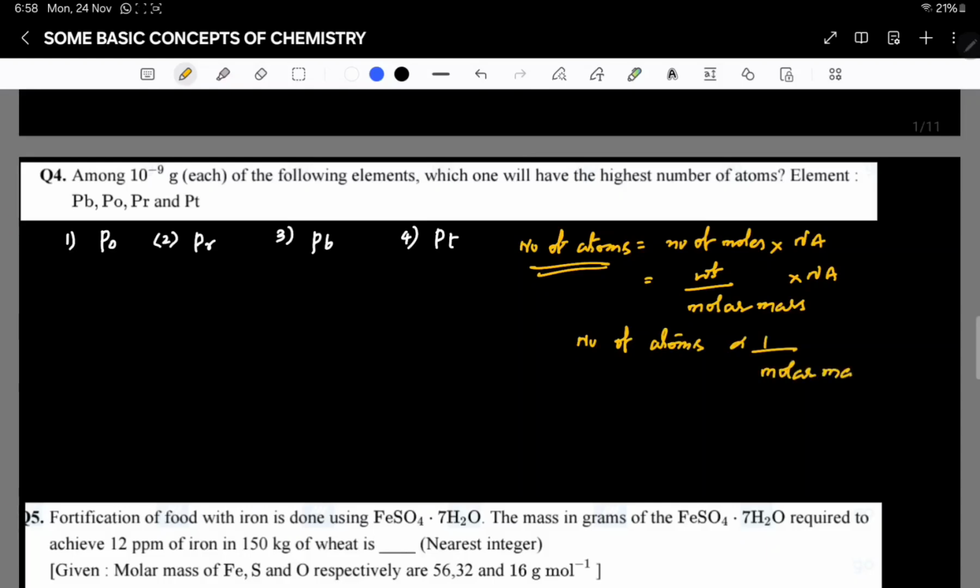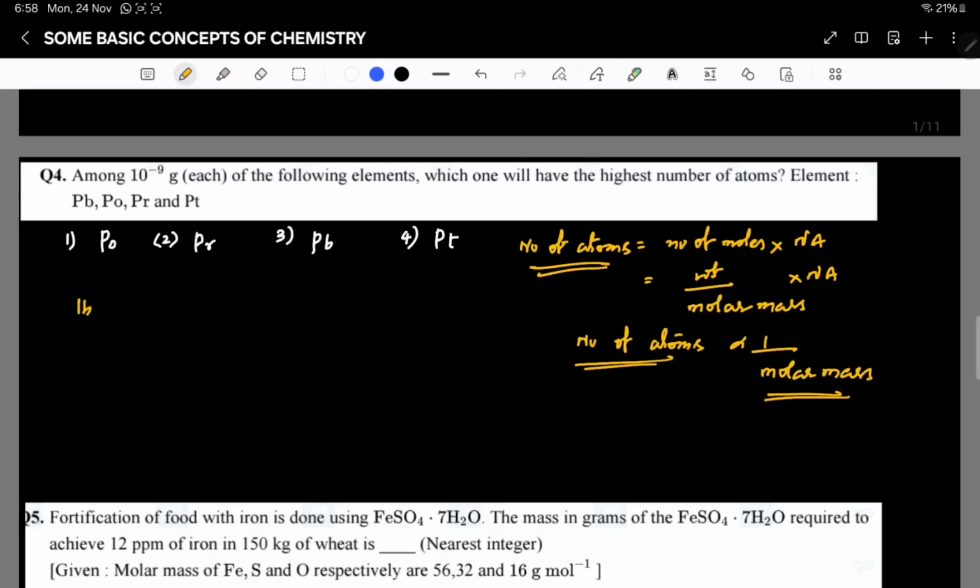Here the beautiful thing is the weight of each element is given as the same, so that's why we take the relation that number of atoms is inversely proportional to molar mass. The element which has the lower mass has the highest number of atoms, that's it, simple, right?